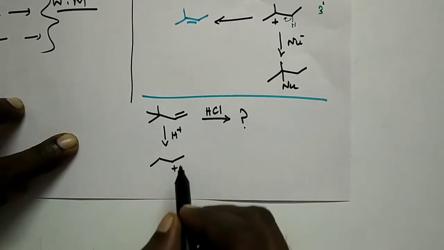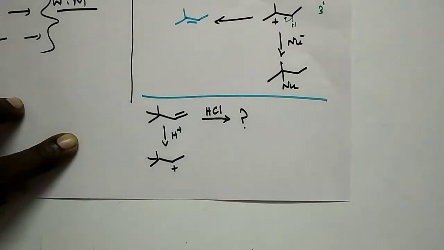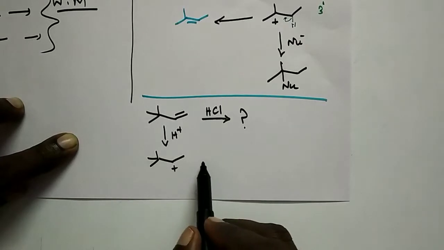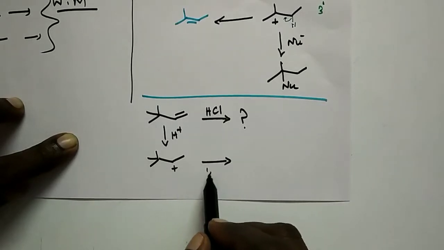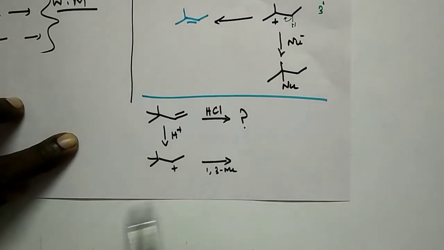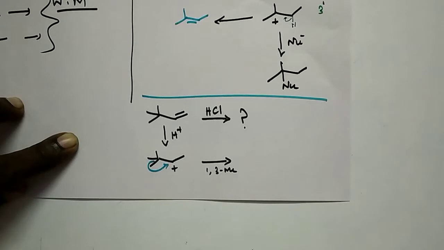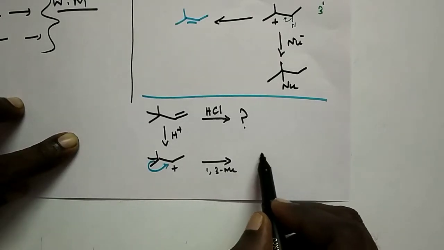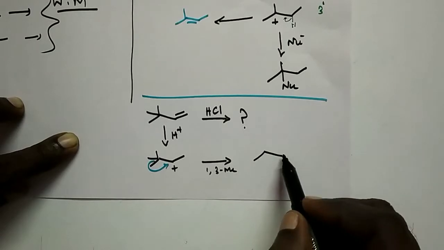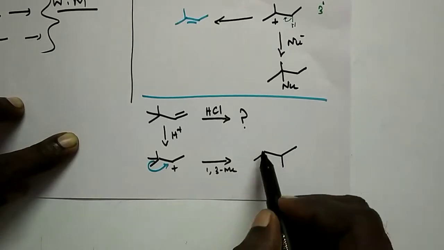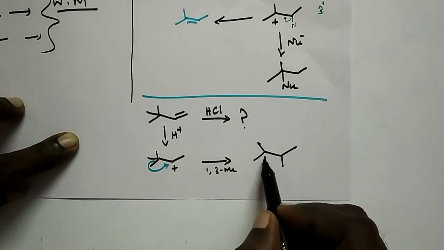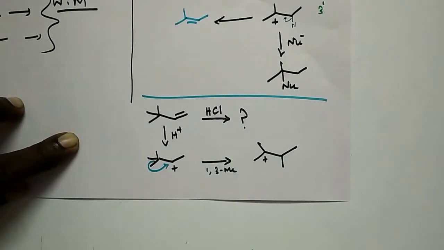So you get a carbocation, isn't it? Next step is the 1,2 migration of methyl. Methyl group migrates. You will get a carbocation here. Okay.